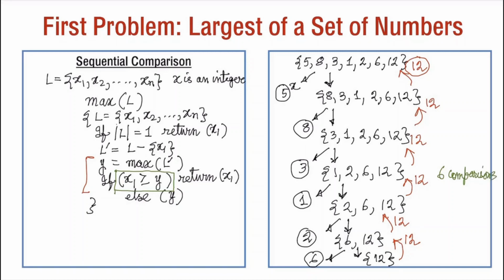These 6 comparisons can also be captured through a recurrence equation where we say for any length n, the number of time steps is equal to T(n-1) because of the recursion, plus this one comparison, if n is greater than 1, and is equal to 0 if n is equal to 1. The solution to this says that this algorithm will require n-1 comparison steps.